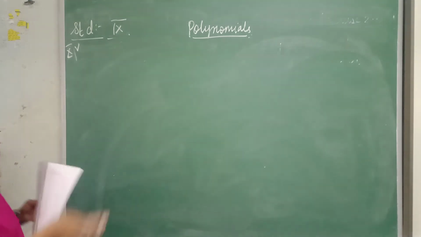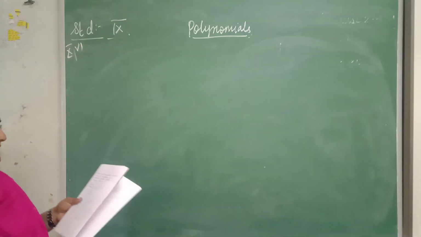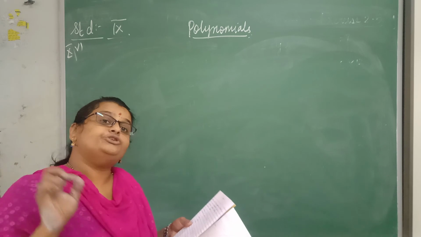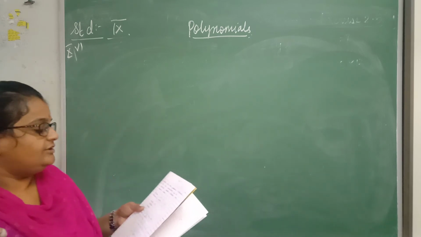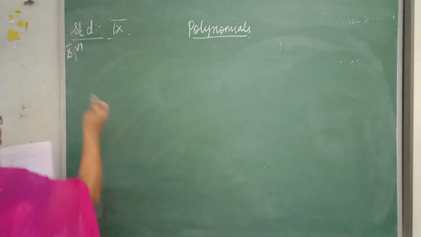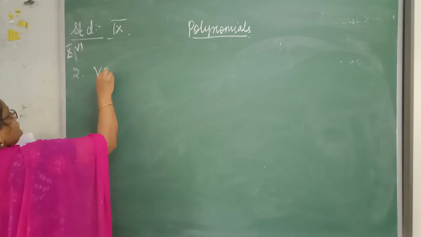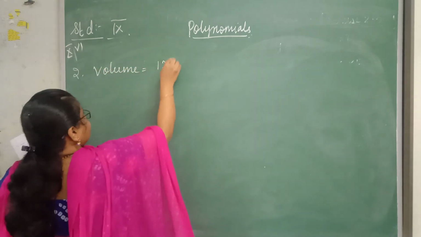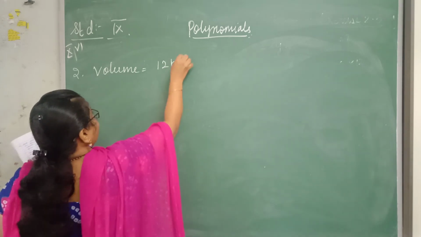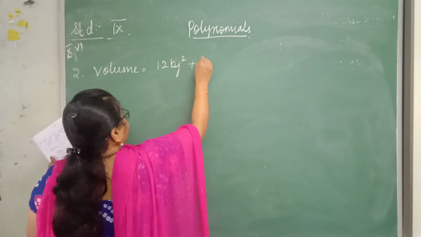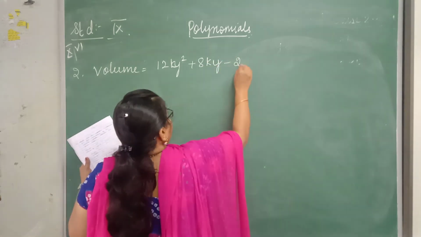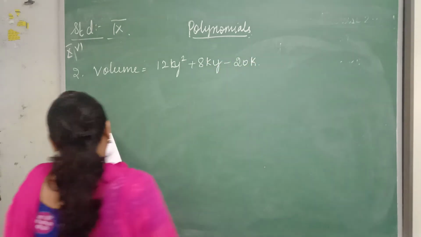So in the 16th main, here he has given, what are the possible expressions for the dimensions of cuboids whose volumes are given below. So here he has given the volume. So volume is equal to what? It is 12ky square plus 8ky minus 20k. Okay.